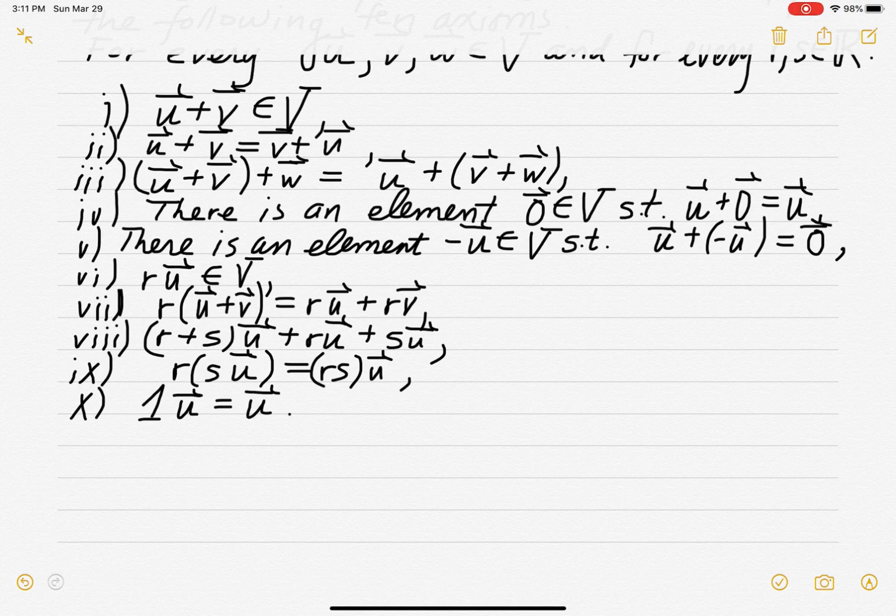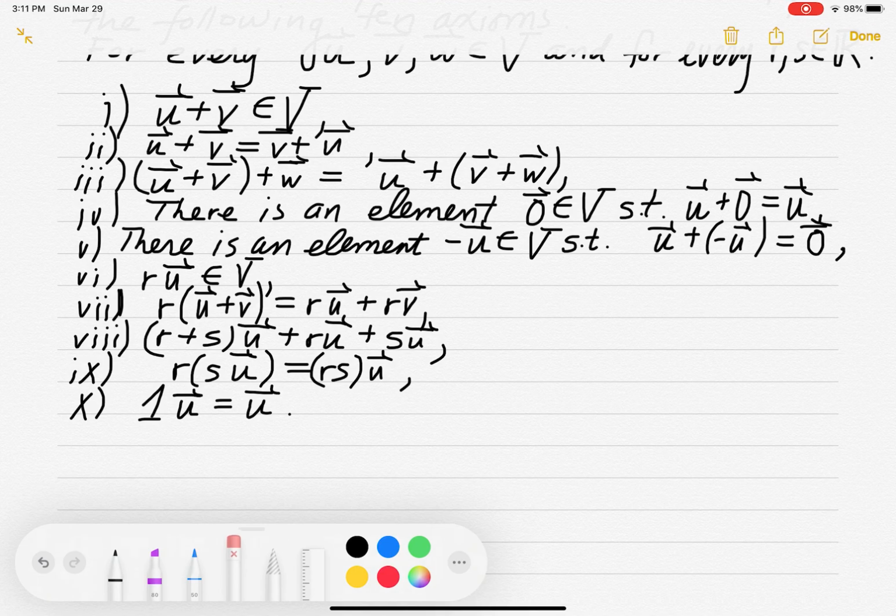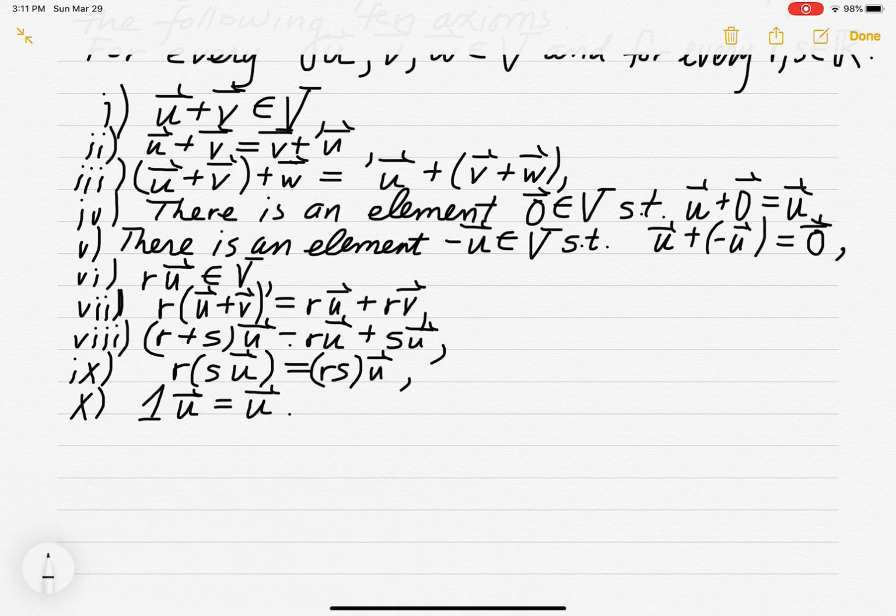Property 8, if I take two scalars and add them together, and then multiply that by a vector, that's the same thing as the scalar r times u plus the scalar s times u. And it looks like we have a little mistake here. Let's fix this. It should be an equal sign right there. So here we say that vectors distribute over two scalars added.